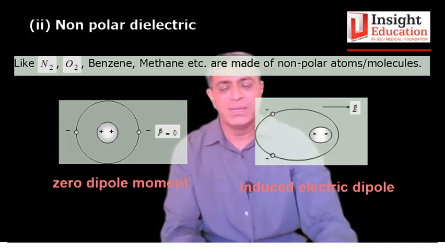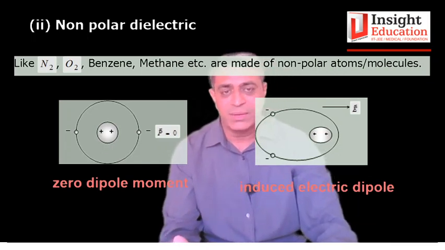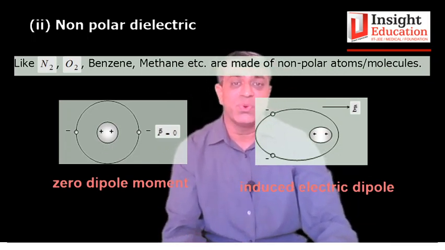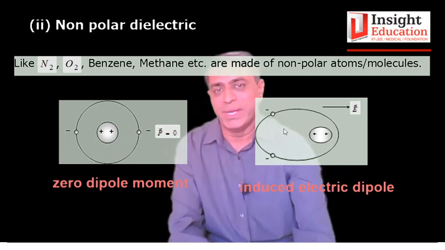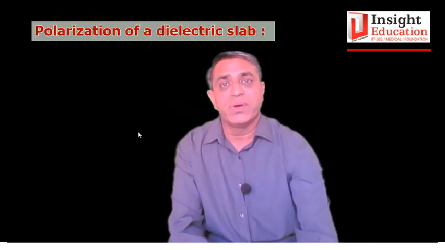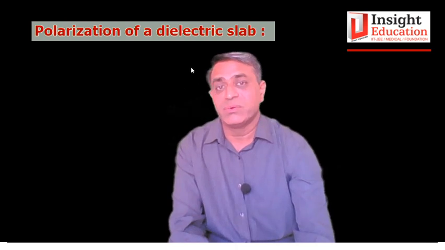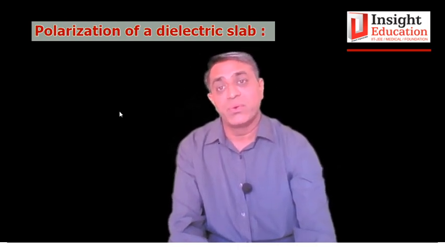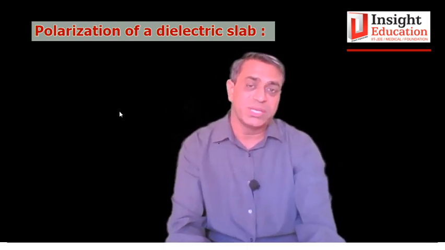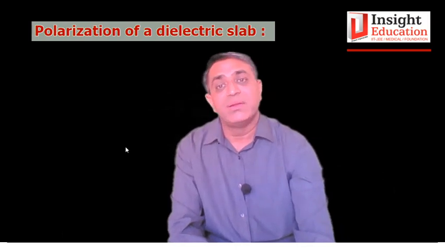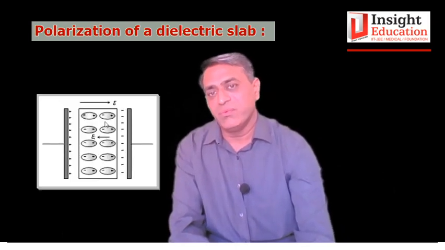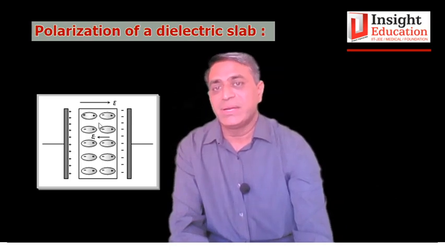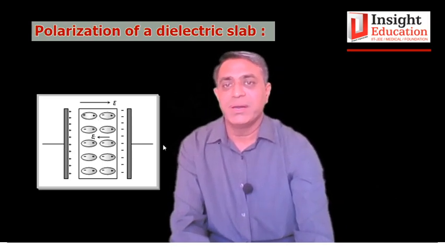So whether the material is polar or non-polar, when it is exposed to an electrical field, it will create a dipole moment. Now we want to understand the polarization of a dielectric slab, or the effect of polarization on the electrical field within the material. You can see we have inserted a dielectric material between the plates.